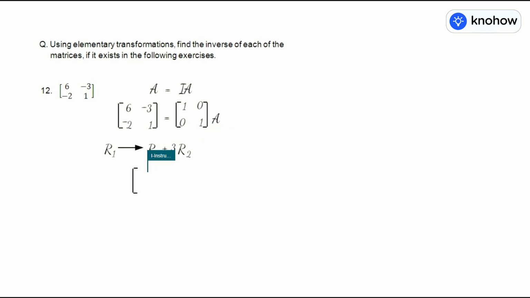So 6 plus 3 times minus 2, that is minus 6, makes it 0, and minus 3 added to 3 also makes it 0. So both the elements of the first row become 0, keeping the second row as such. On the right side, of course, you get 1, 3, 0, 1.